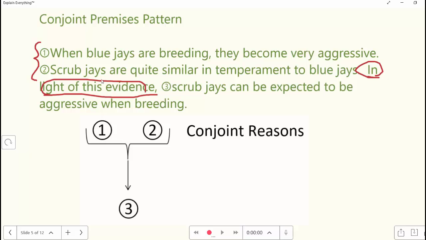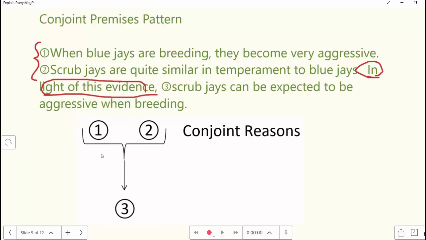So the fact that 1 and 2 are working together in this substantial kind of way, in this way that you're not going to get to the conclusion, you're not going to get to the inference without one of the other premises, what we do is we put them in a bracket together.